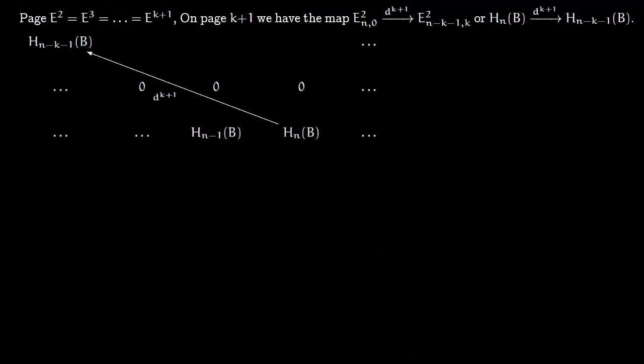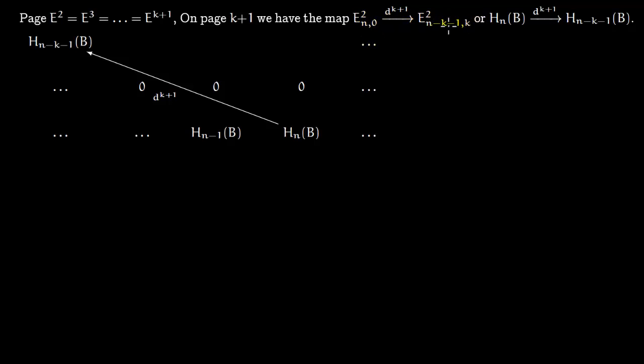So let us rewrite page k plus 1. So first notice again the entries stop changing from page 2. So page 2, page 3 all the way to page k plus 1, they have the same entries, but on k plus 1 you have a long arrow. So on page k plus 1 you have this arrow going from E_2^{n,0} to E_2^{n-k-1,k}.